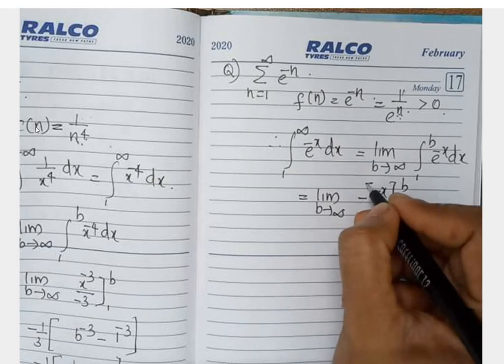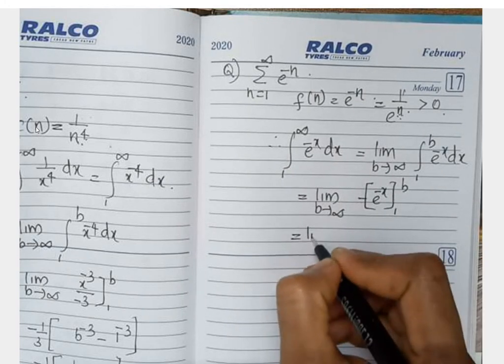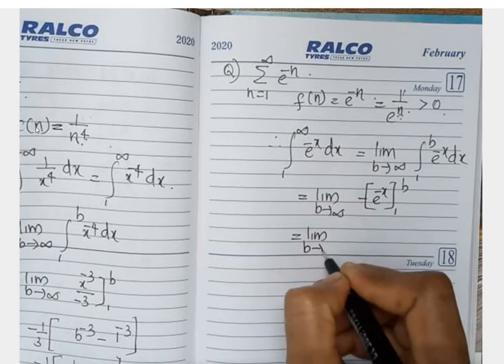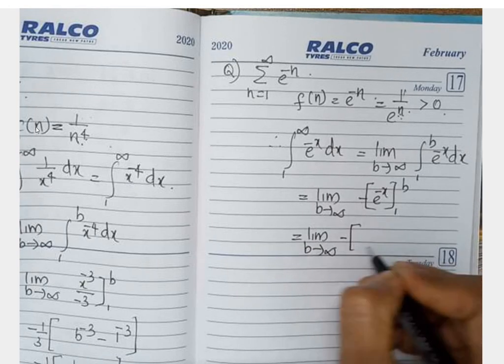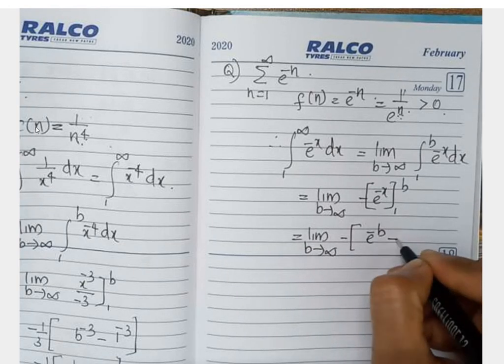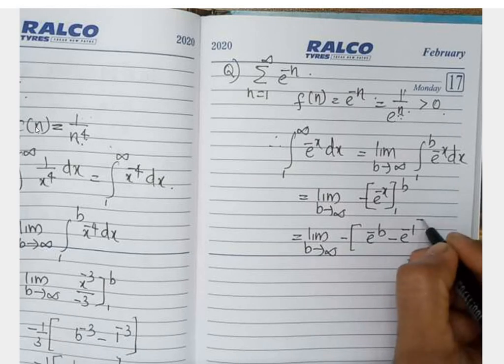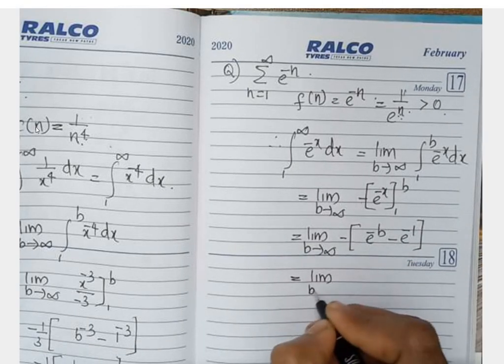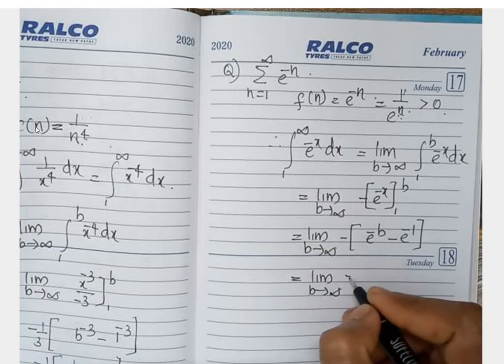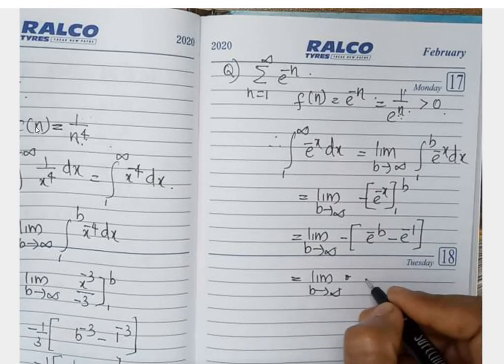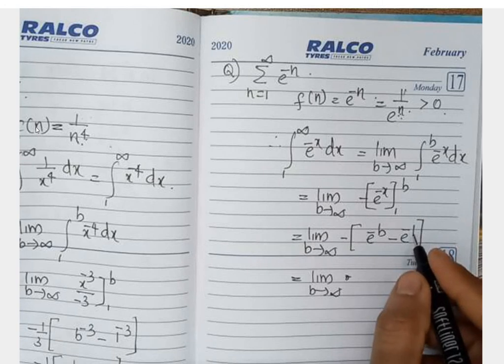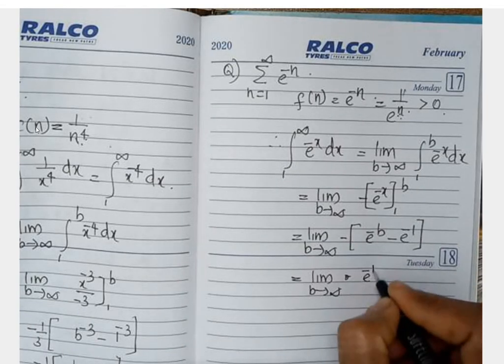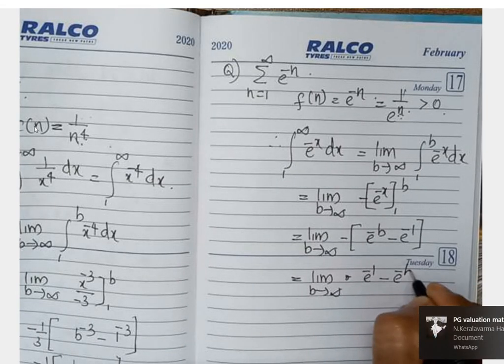That is minus of (e raised to minus b minus e raised to minus 1), which is e raised to minus 1 minus e raised to minus b.